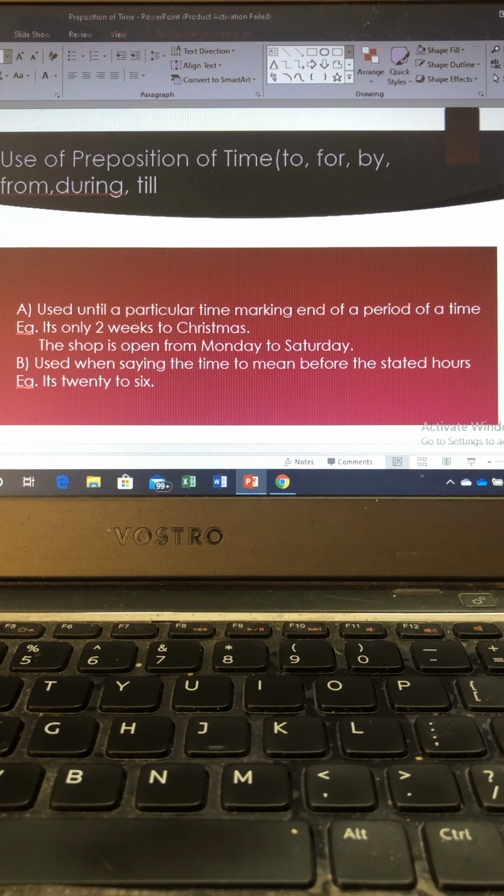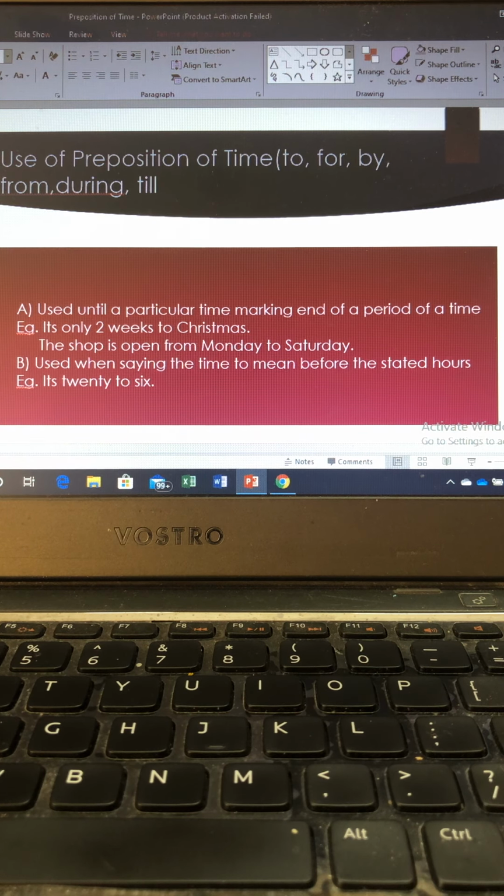Now what does that mean? It means 6 hours 20 minutes. 20 minutes have gone by after 6 hours, right? Now suppose you are saying it is 20 to 6. What does that mean? It means 20 more minutes are left, then it will be 6 o'clock.